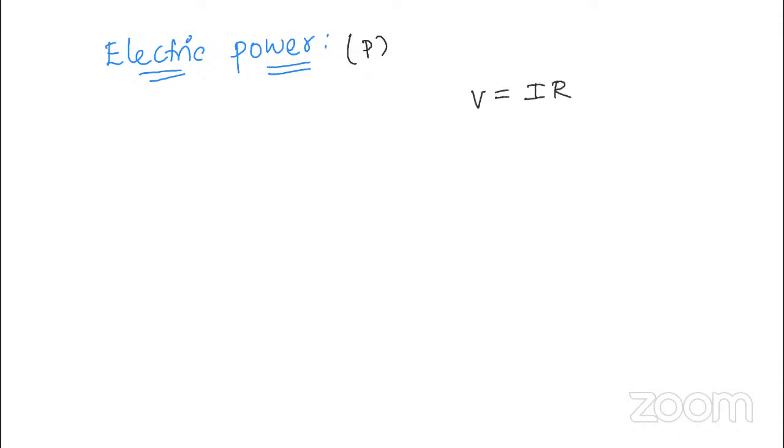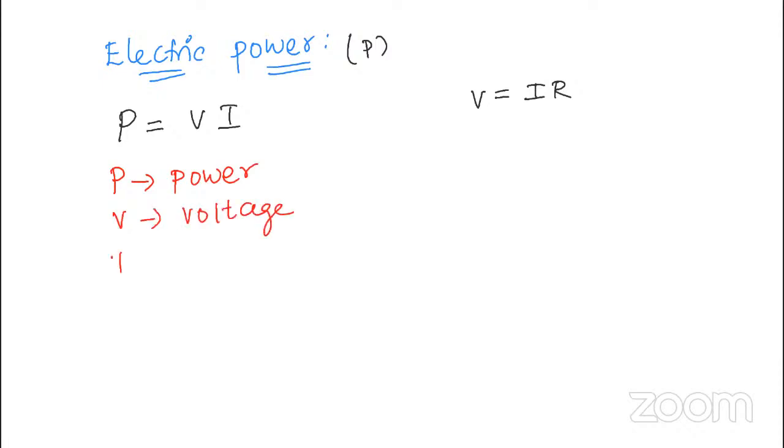So here P is written as V into I. Here V represents the voltage and I represents the current. P is the power, V is the voltage, and I is the current.